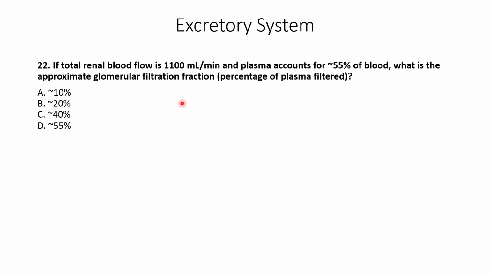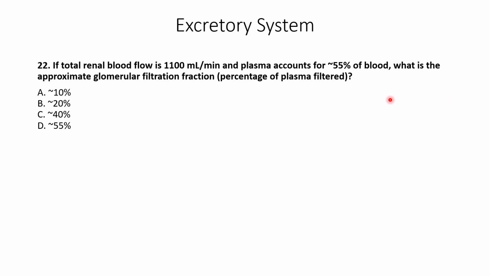If you have roughly 600 ml of plasma, which is 55% of 1100, reaching the kidneys, and every minute 120 ml is filtered by the glomerulus, then your filtration fraction, or the percentage of plasma that's filtered, is 120 divided by 600 times 100 to convert it to a percentage.